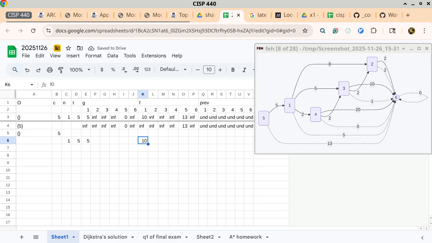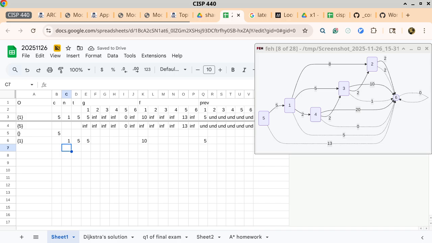And to go to vertex 1, the previous vertex is going to be vertex 5. This way I have a back pointer pointing backward so that I know how I got to vertex 1. We got to vertex 1 through vertex 5, which makes sense because it's the start vertex at this point. And because we did all these updates, we also have to add vertex 1 now to the set O. Are we good?